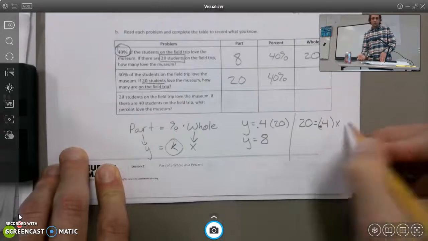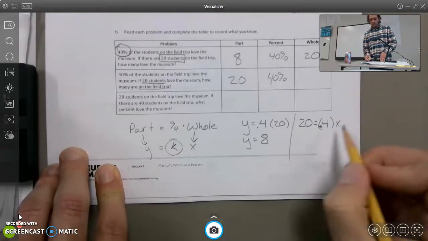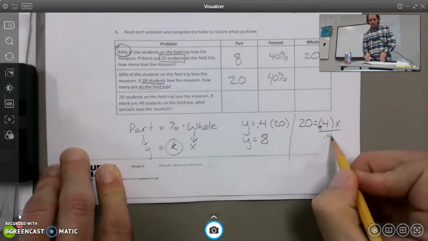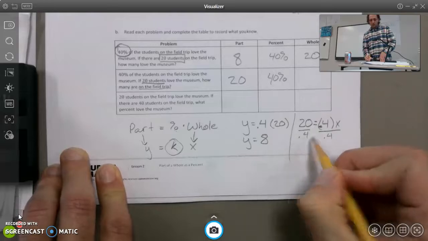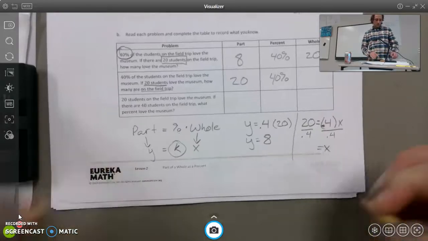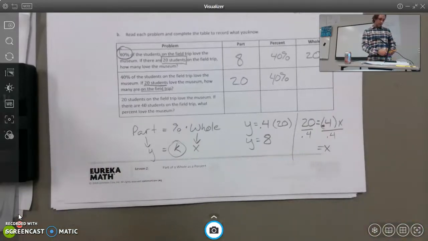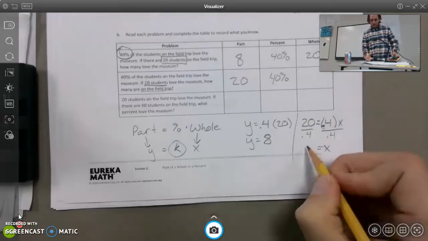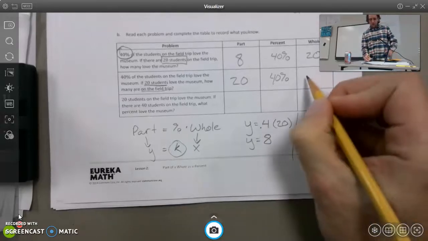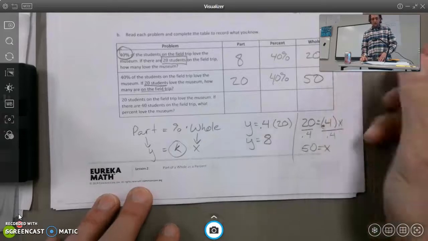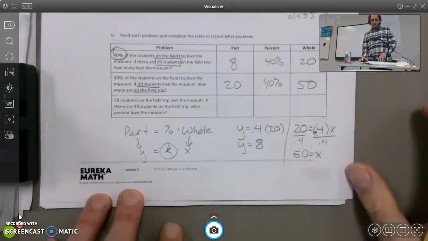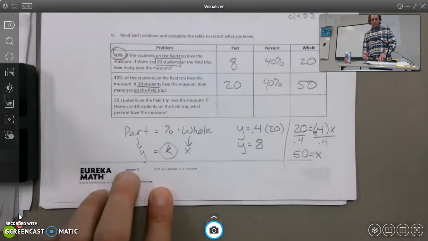I don't know. So how do I solve for that? Divide by the coefficient, and x is equal to 20 divided by 4/10, which is 50. So that means 50 students went on the field trip.